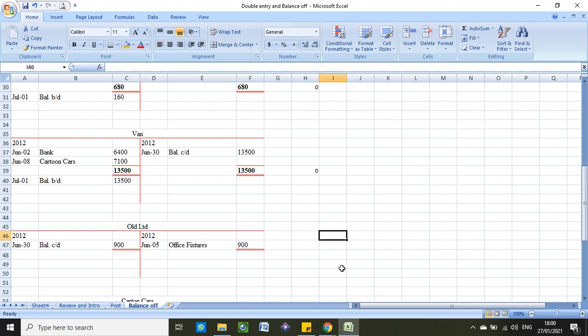So that is the balance carried down part. Now I can do the balance brought down, which will be on the opposite side, because they will always be on the opposite side. So I will say July 1st, opposite side, balance brought down, $900. Same principle, just that we're doing it on the opposite side.